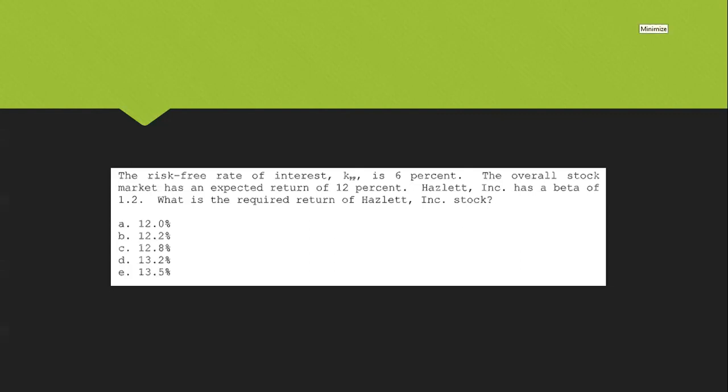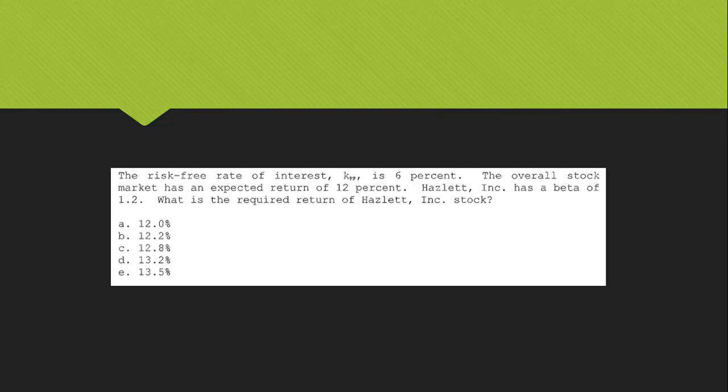Using the formula for CAPM, required return is equal to risk-free rate plus beta coefficient times market return minus risk-free rate. So let's substitute the actual numbers.